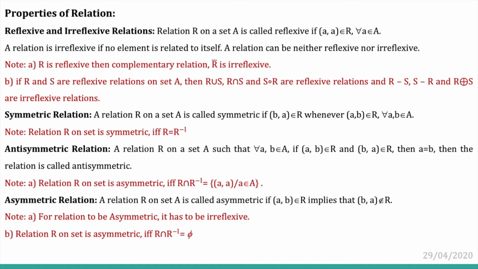Suppose there are two reflexive relations R and S defined over set A, then the relations R union S, R intersection S, and the composite relation of R and S are reflexive relations, but the relations R minus S, S minus R, and R XOR S are irreflexive relations.